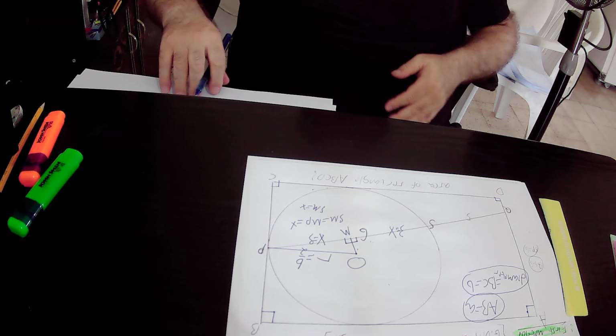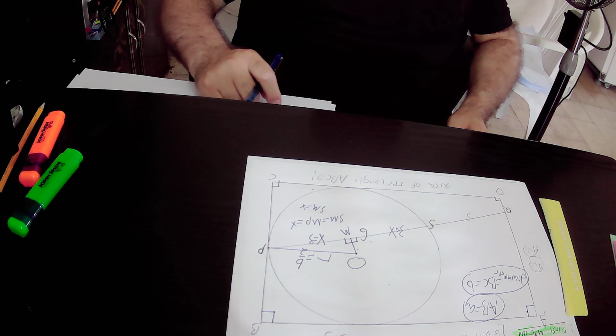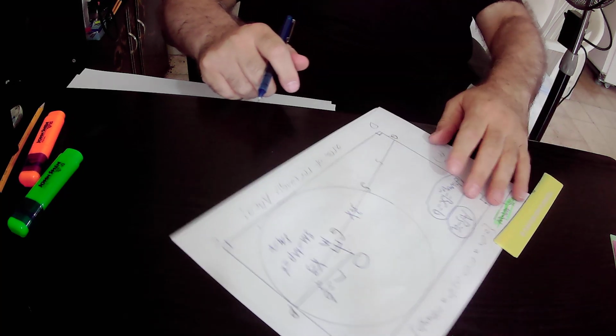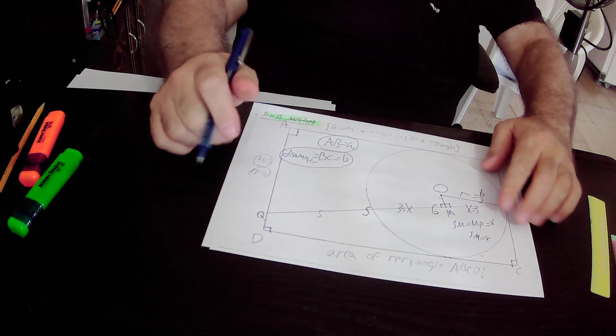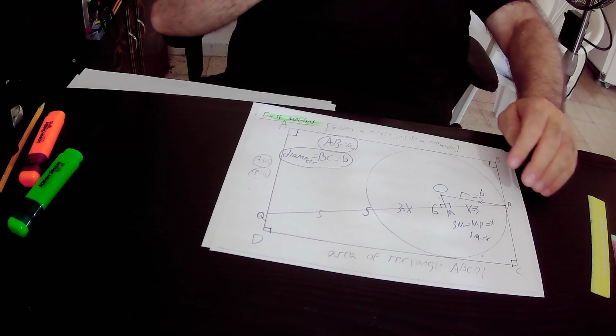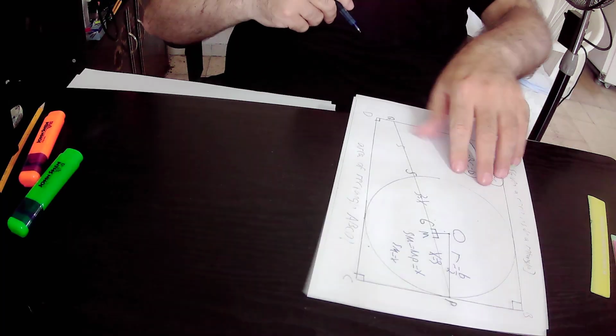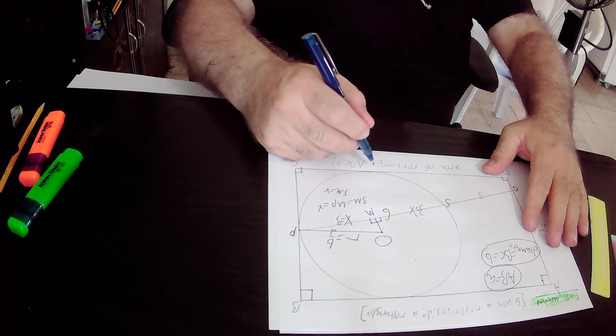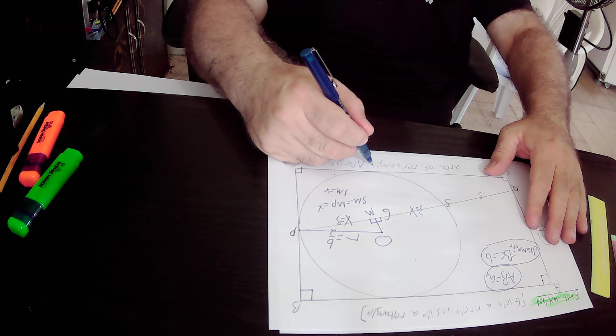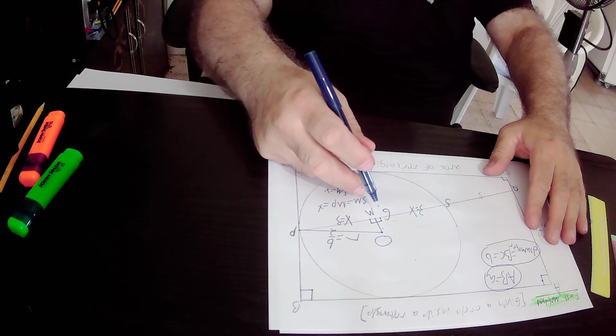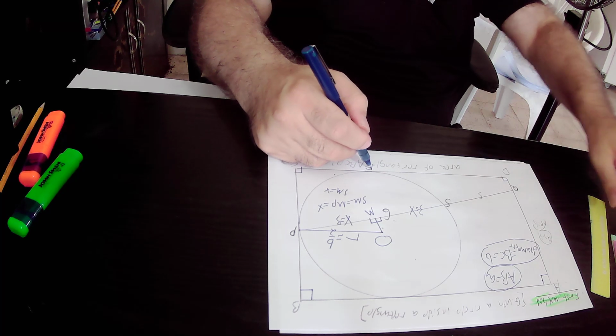In the next step, we define the point of tangency of tangent DC with this circle as point F. We join points O and F together by a straight line.